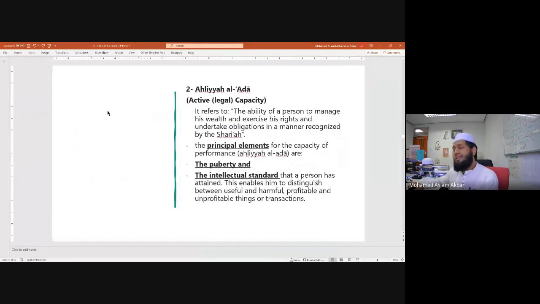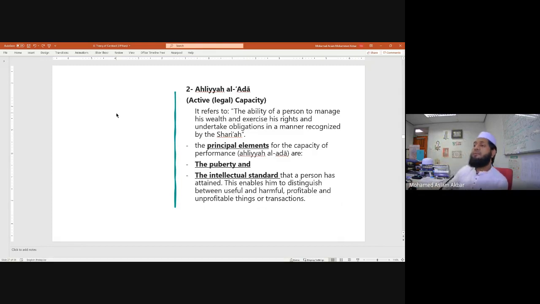Active legal capacity refers to the ability of a person to manage his wealth, exercise his rights and undertake obligations in a manner recognized by the Sharia. The principal elements for the capacity of performance, ahliya al-ada, are number one, puberty, and number two, the intellectual standard that a person has attained.